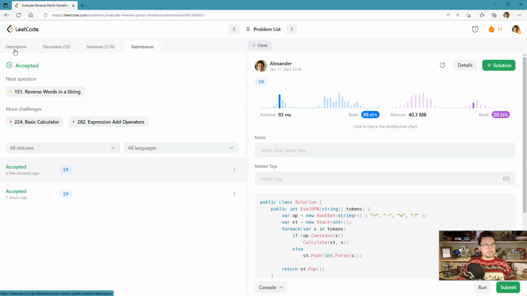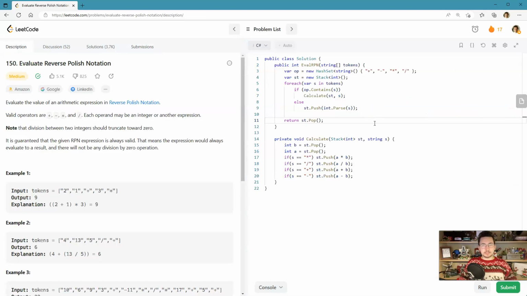That's it. Okay, let's estimate the time consumption and memory consumption. The performance of this algorithm is big O of n, where n is the length of the input array. Since all operations on the stack are big O of 1, we can state that the whole algorithm is big O of n.